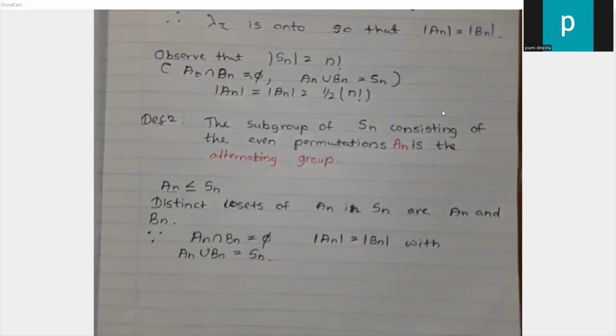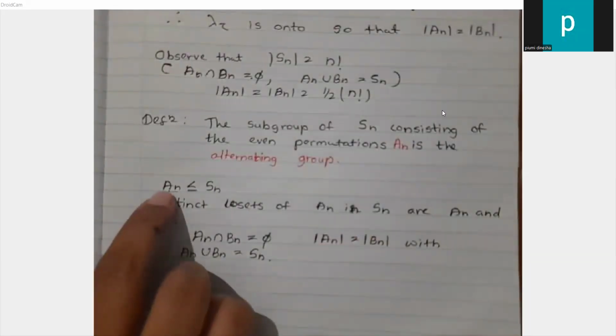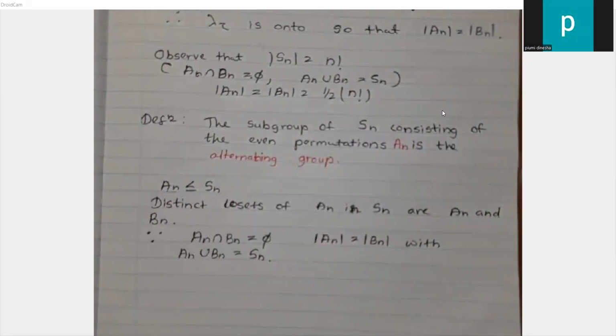If you recall the properties of cosets, for a given subgroup of a group, in this case An is the subgroup of Sn, you take any two cosets of An in Sn, they could either be identical or disjoint.